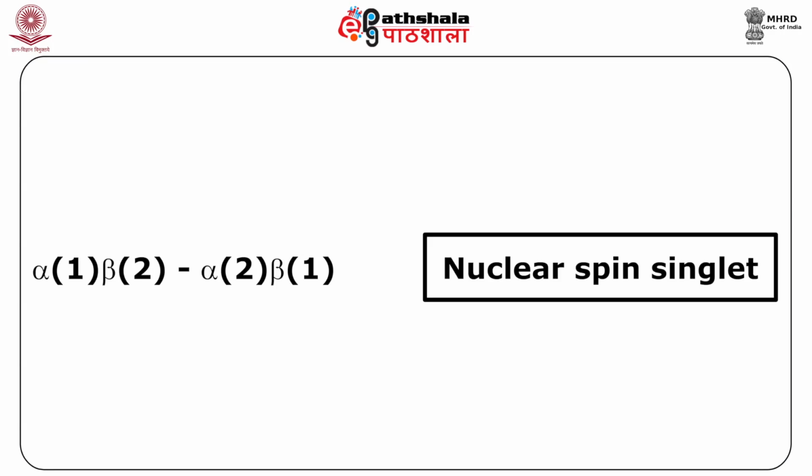And there will be a corresponding another antisymmetric spin state which will be expressed as alpha 1 beta 2 minus alpha 2 beta 1. Here if you interchange the nuclei 1 and 2, as you can see here, it will change sign, it will become negative of its original value. Now, for hydrogen molecule, since hydrogen atoms are fermions, therefore psi total has to be odd.